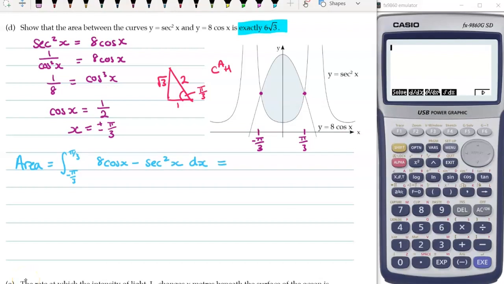So if we integrate those terms, cos integrates to be a positive sine. So we get 8 sine x. Sec squared integrates to tan x. That's on your formula sheet. So we have a minus tan x here. And then we pop in the values of pi by 3 and minus pi by 3.